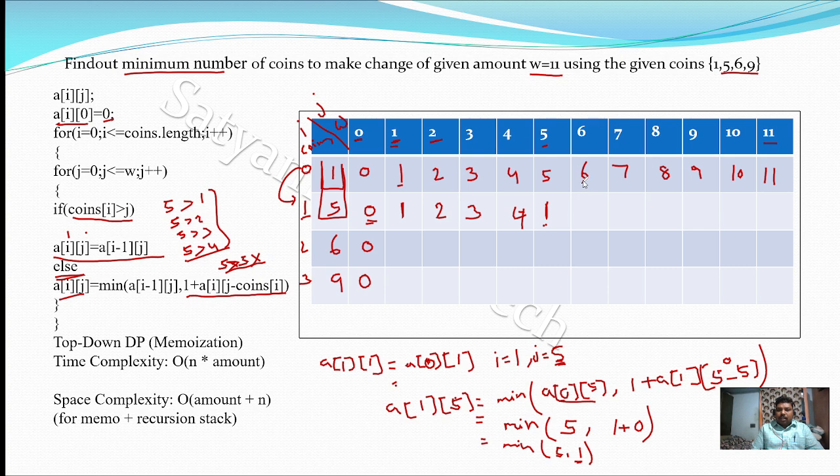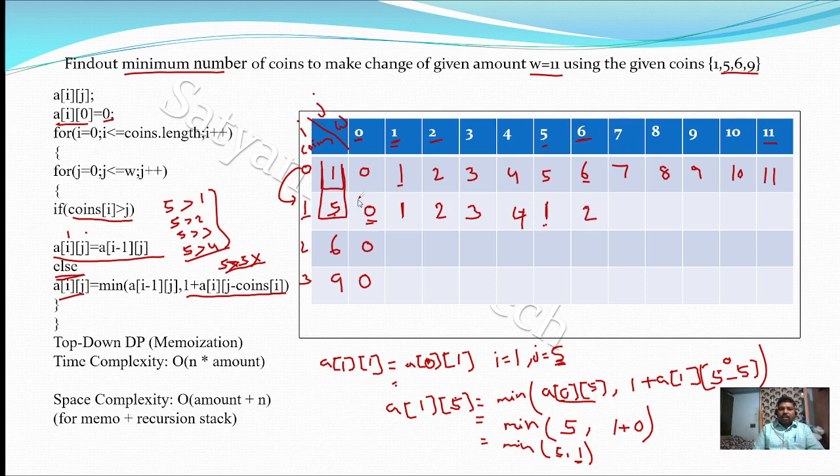For example, to make the 6. So here it is previously 6 1 rupee coins is there. So 6 coins is required. But I am including the 5 plus 1, so 6 rupees. So to make the 6, this is the 1 rupee coin, 1 5 rupee coin, that is 2 coins are required, minimum coins.